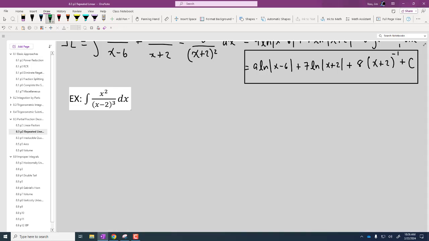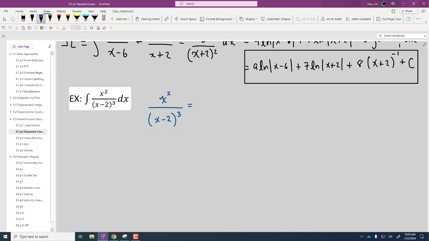So let's set this one up, and then we'll take our break, and then we'll come back and finish it. Let's just get it set up before we go off and take a little break. So we're going to take the inside here and rewrite it. First off, I'm hoping that when you see that denominator, you're seeing it as a repeated linear factor.